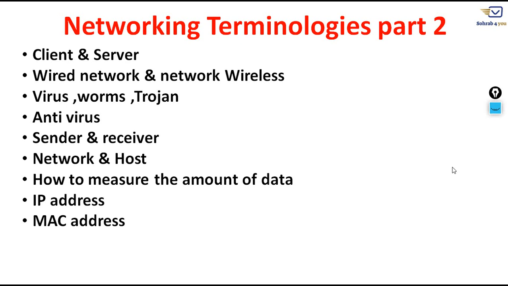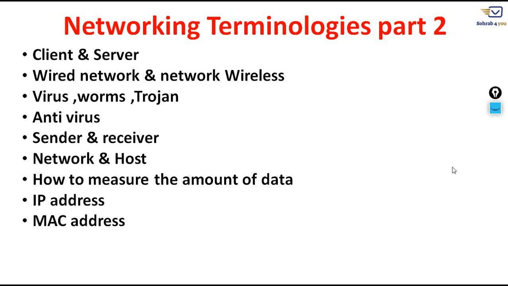In part 2, what are we going to study? We are going to study the client and server, wired network, and wireless network. What are viruses, worms, and trojans? What is antivirus?